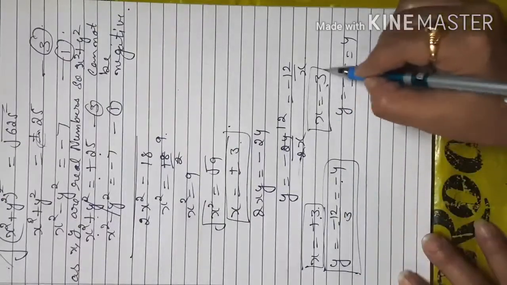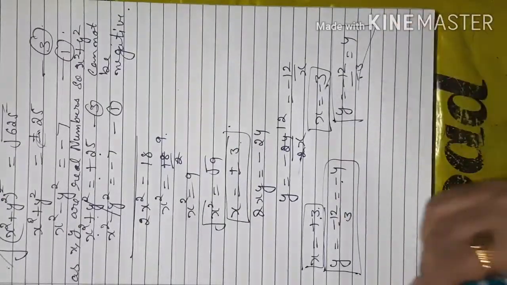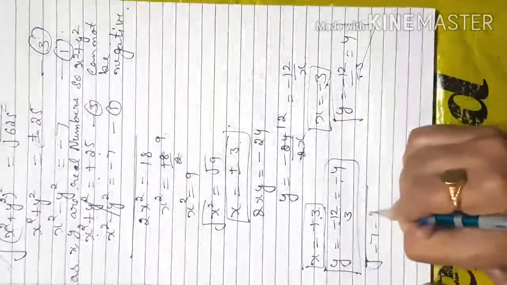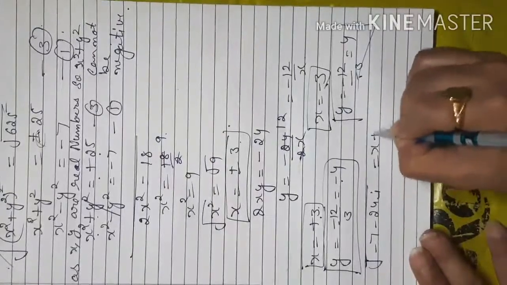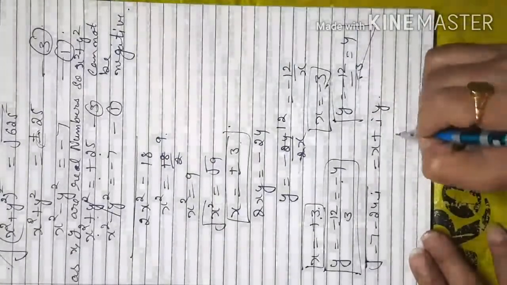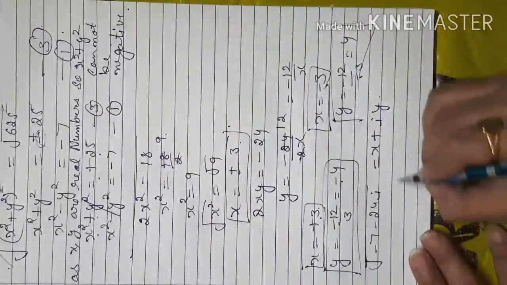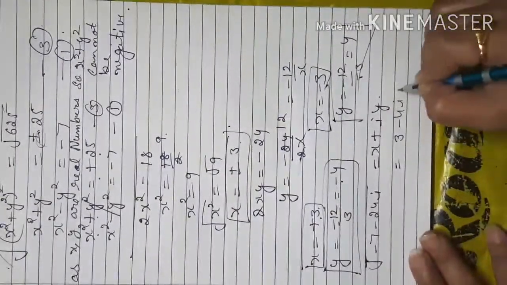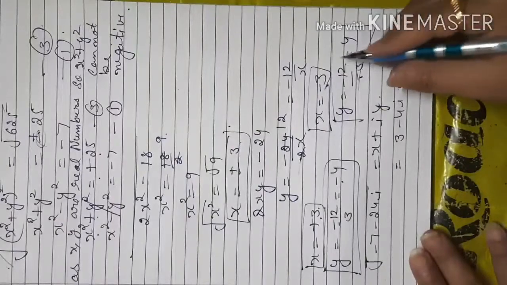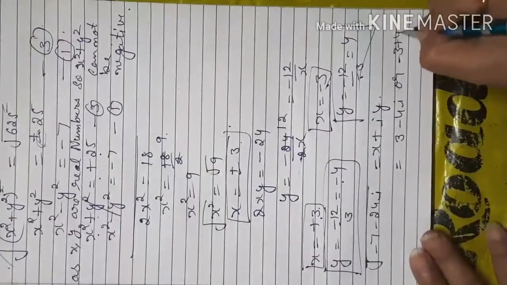Now I have to replace in the starting expression, where I considered the square root of minus 7 minus 24i is equal to x plus iy. So I have two values: 3 minus 4i, or minus 3 plus 4i.